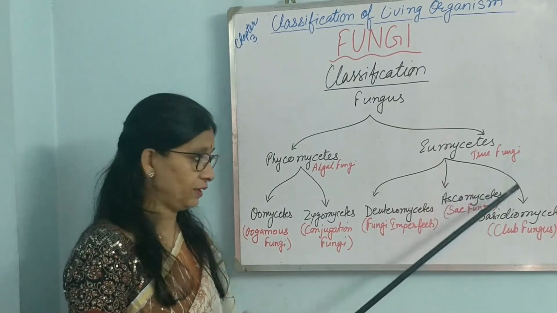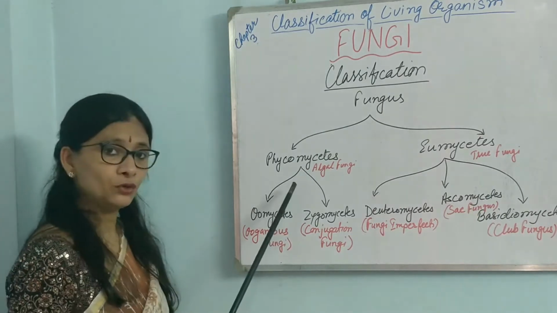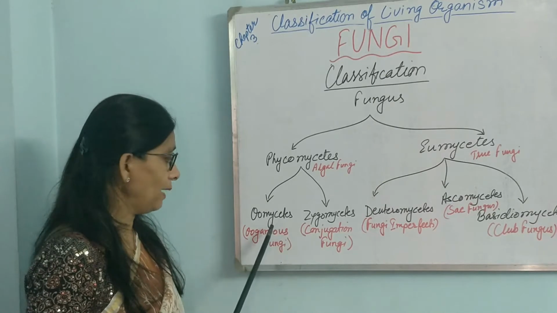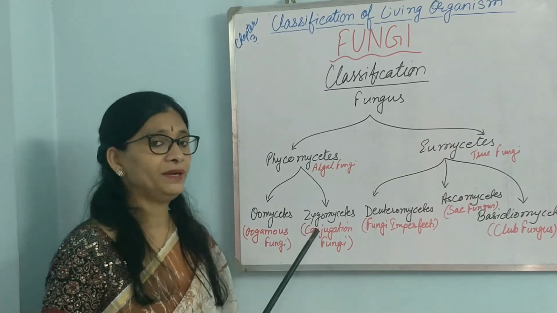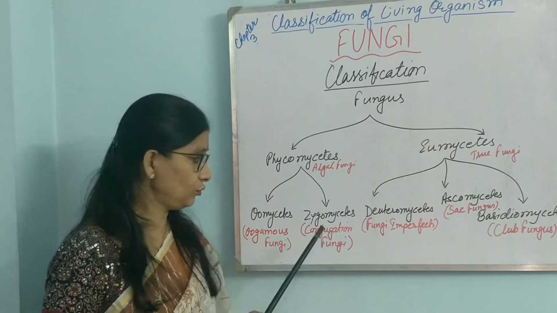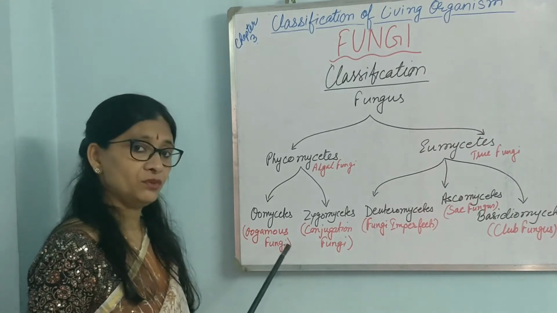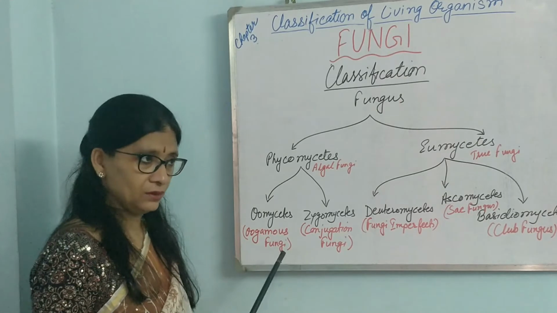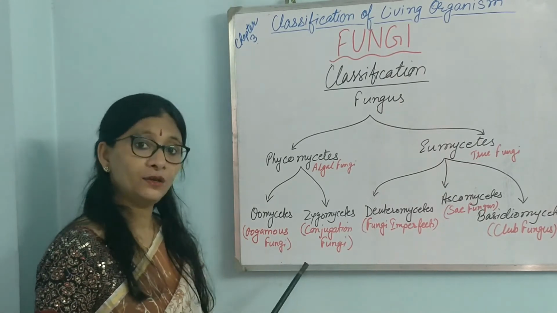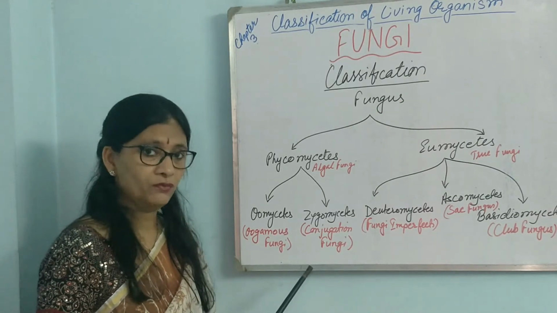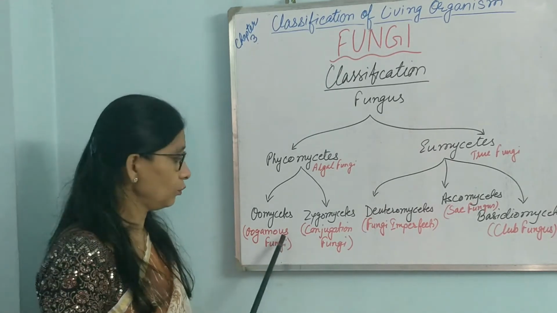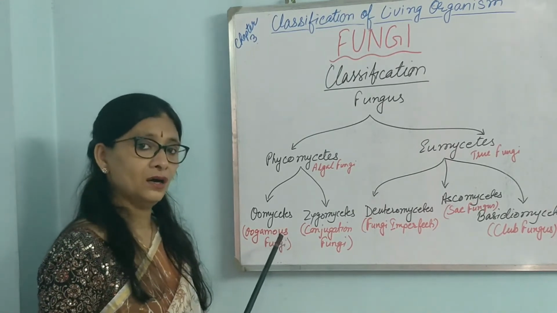So this is Eumycetes, or true fungi. Phycomycetes is divided into two classes, Oomycetes and Zygomycetes. Oomycetes is the most primitive fungi. It shows some features which belong to algae. It has oogamy and a cellulosic cell wall, which are not present in any other fungus. So it is the most primitive kind of fungus.